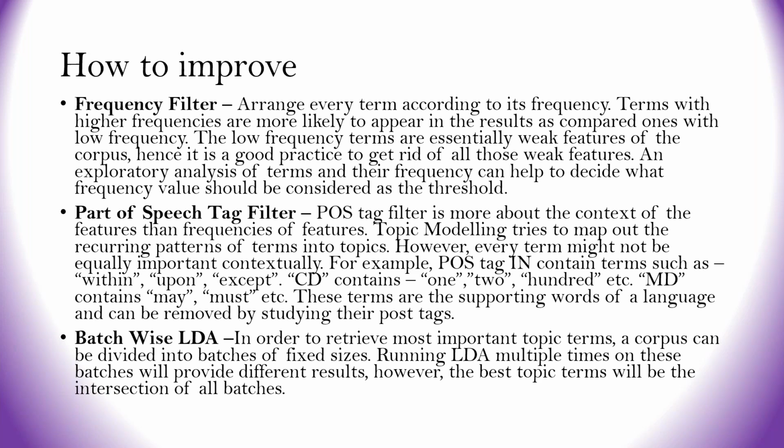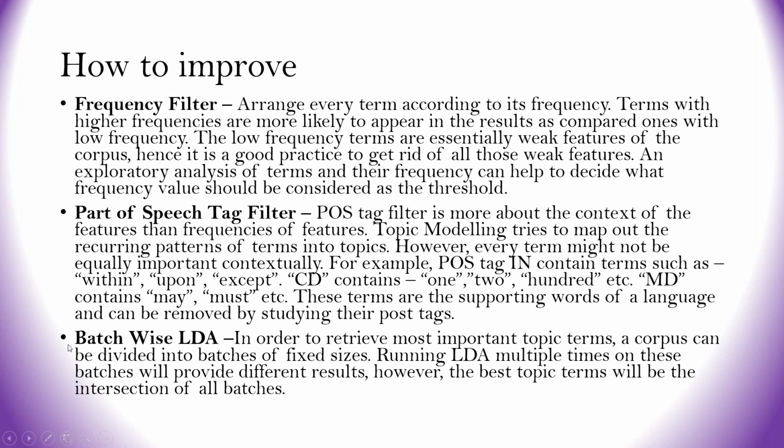Then you can run the LDA multiple times on the different batches. The topics we get out of batch-wise LDA could be an intersection: what appears in batch one needs to appear in batch two also. That way, the intersection of all the LDAs can collectively be your set of topics.